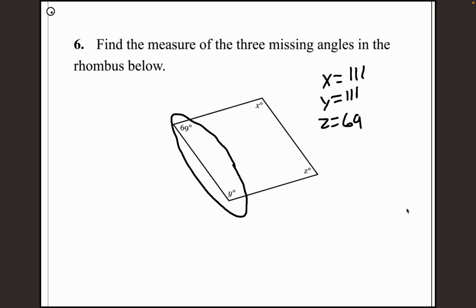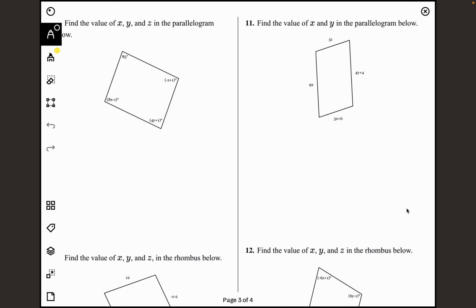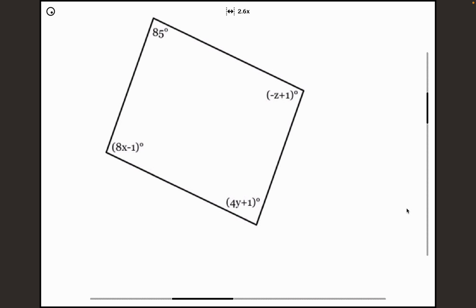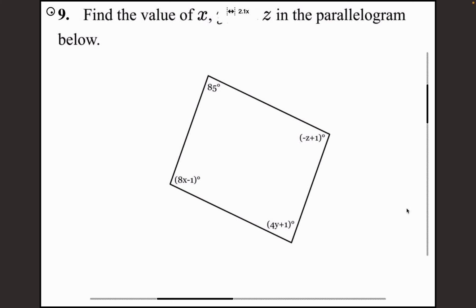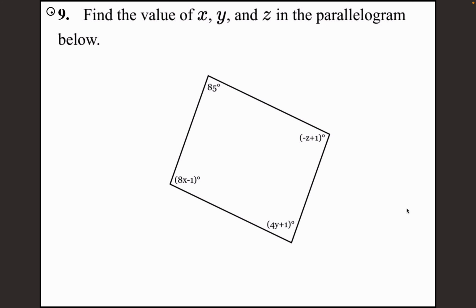Now, I don't want to make it too easy for you guys. So let's add some algebra. I need to find x, y, and z on this one. Let's start with y.